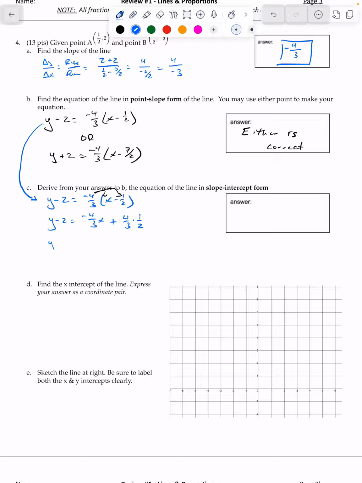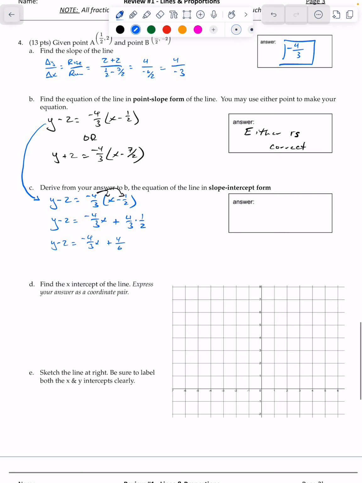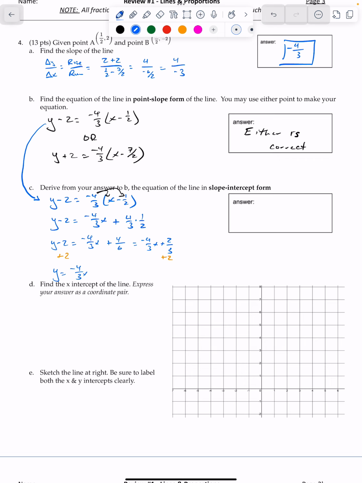So that will be y minus 2 is negative 4/3 x plus 4/6, which is negative 4/3 x plus 2/3. And then if I add 2 to both sides, I'll get y equals negative 4/3 x plus 2/3 plus 2.